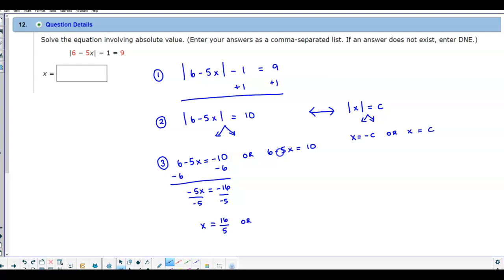On the right side, we're going to subtract 6 from both sides. We get negative 5x, and 10 minus 6 is positive 4. Divide both sides by negative 5, and therefore x is going to equal negative 4 fifths. So our two solutions are 16 fifths and negative 4 fifths.